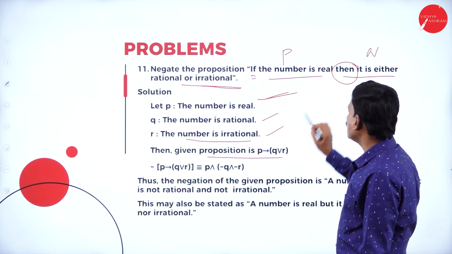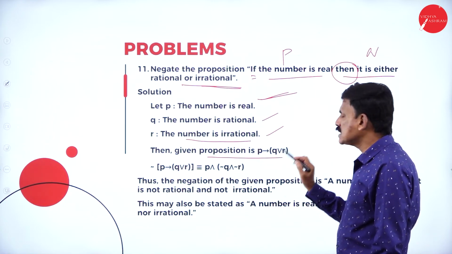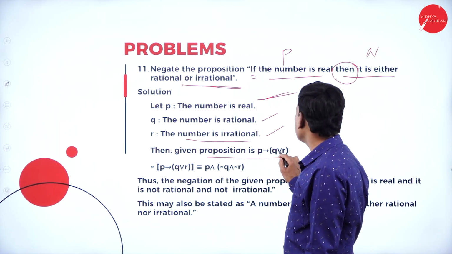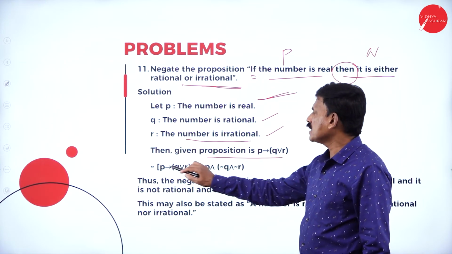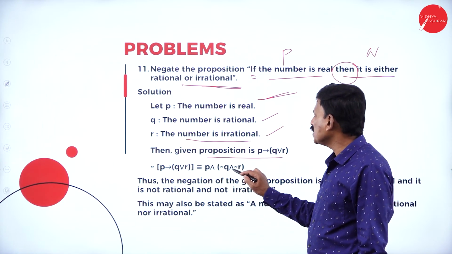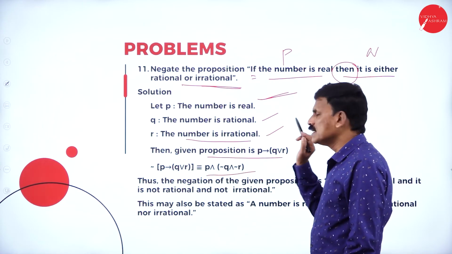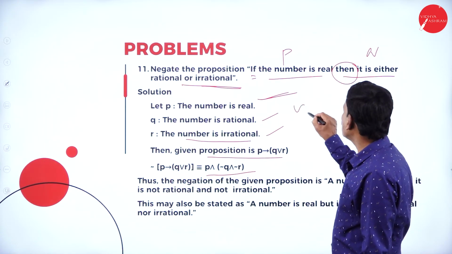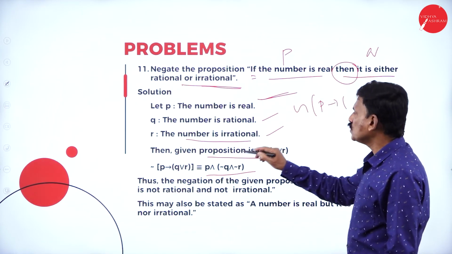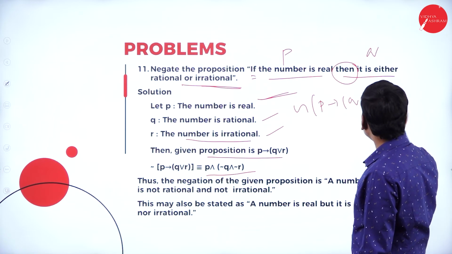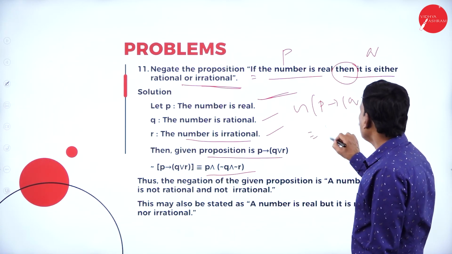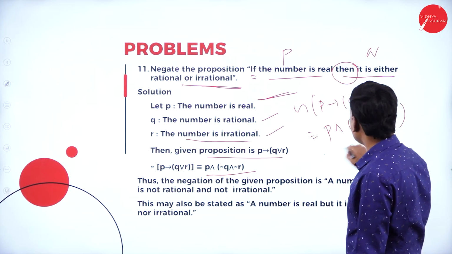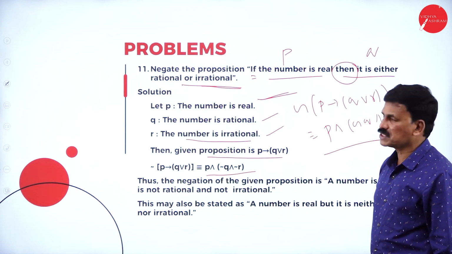The negation of P conditional to Q disjunction R is logically equivalent to P conjunction negation of Q conjunction negation of R.